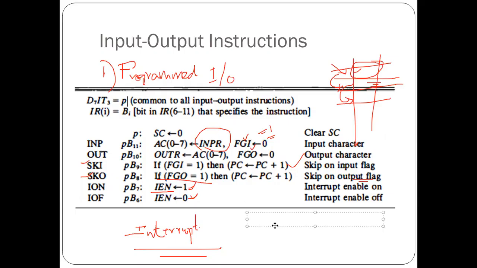If my instruction cycle duration is 1 microsecond, and my input device is capable of sending 10 characters per second, it means one character is sent every 0.1 second.